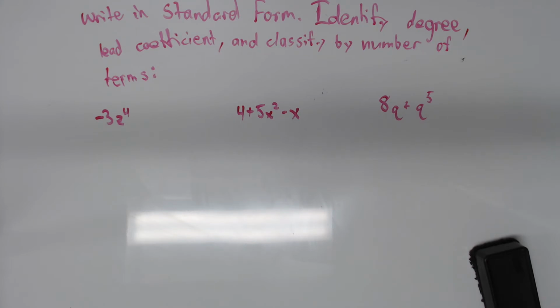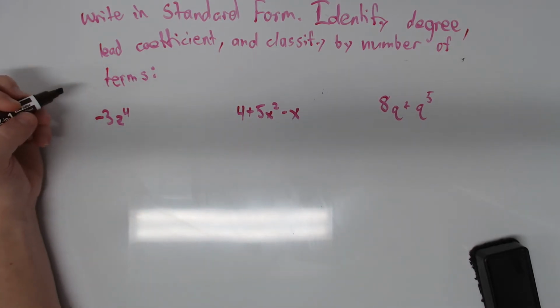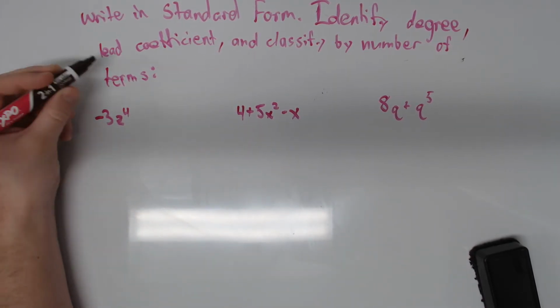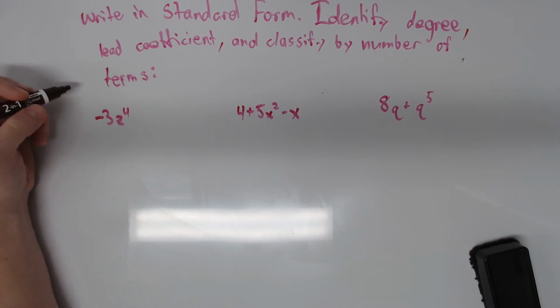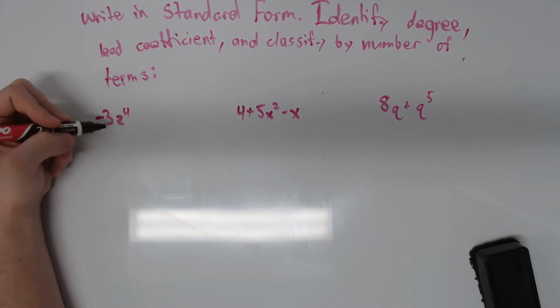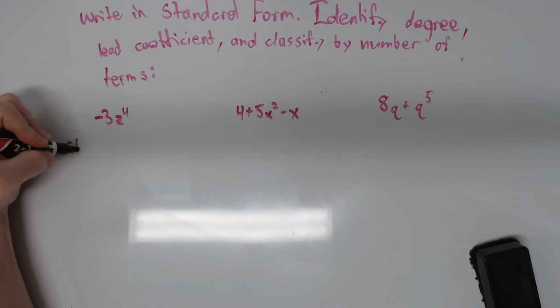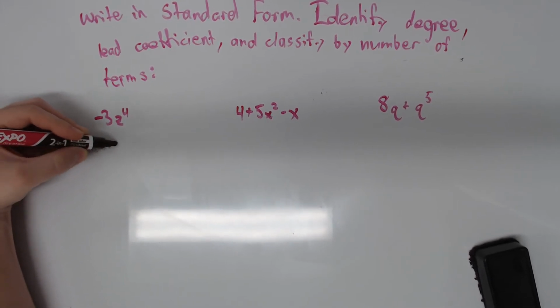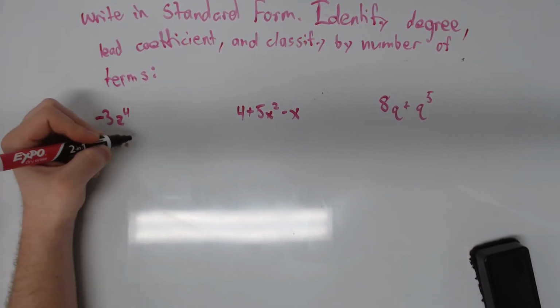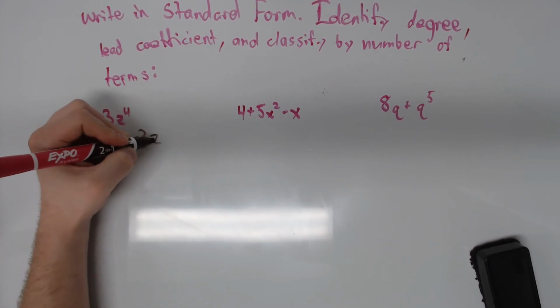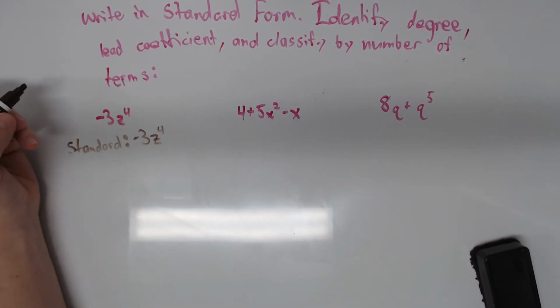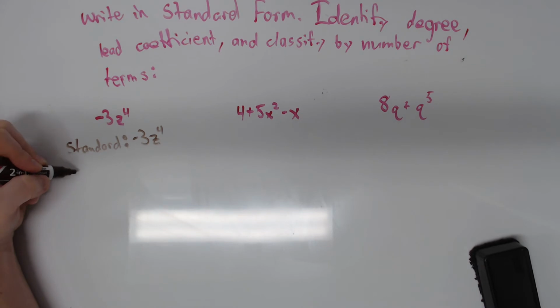A few more examples just so I can talk through this a bit more. So we're going to do the same 4 pieces of information. This is already in standard form, so I'm just going to rewrite it. Standard form. It's only one term, so it has to be the biggest power, right? Well, what is its degree?